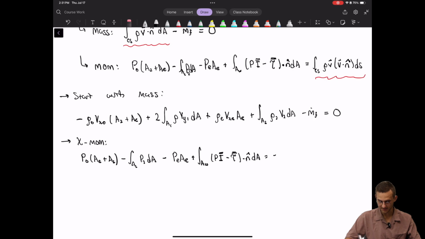So you end up with minus rho naught V naught squared times A2 plus AE on that side, right? That's just m dot entering times the velocity entering, which is what you tend to get in these integrals when things are 1D. The other 1D term is the exit, rho E VE squared times AE.